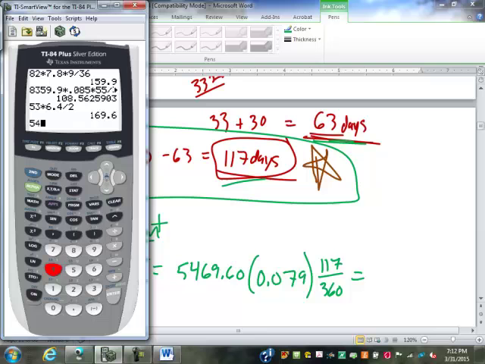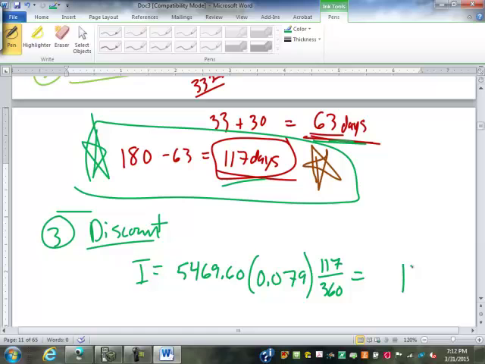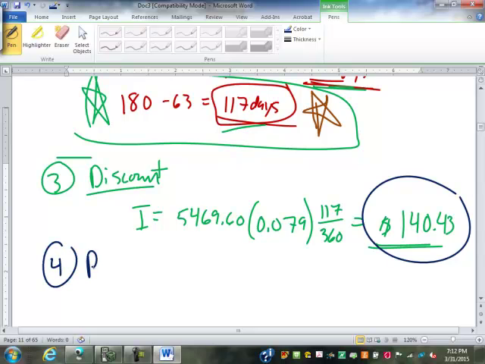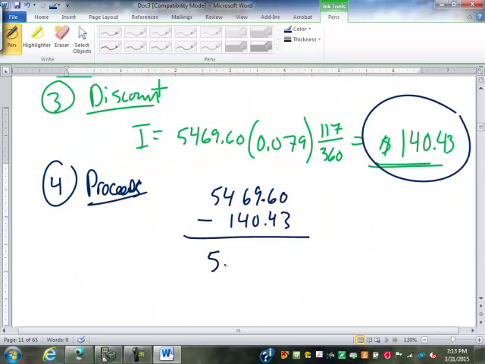So 5,469.60 times 0.079 times 117 over 360 gives us 140.43. That's the bank's discount, by the way. Then subtract for his proceeds. 5,469.60 minus 140.43 gives us $5,329.17 is his proceeds.